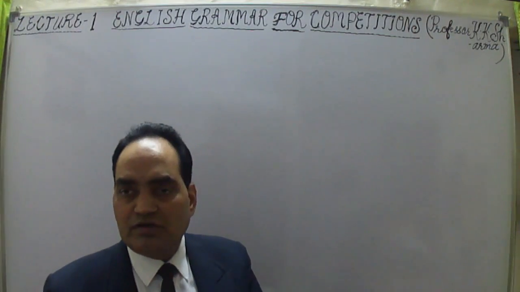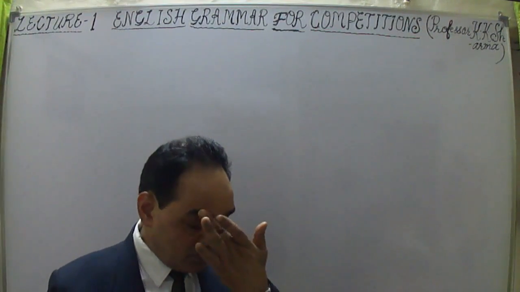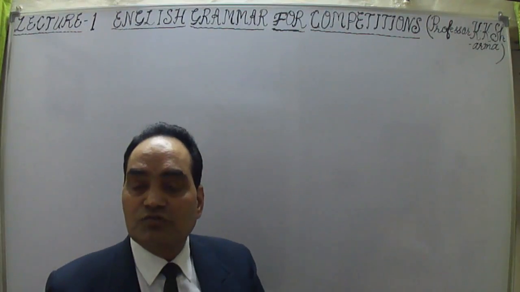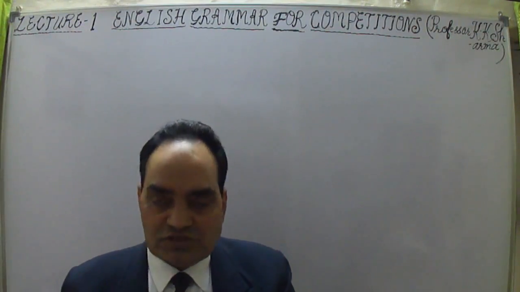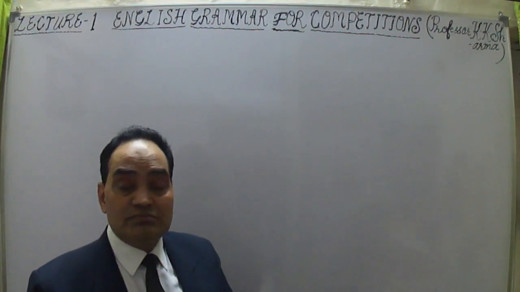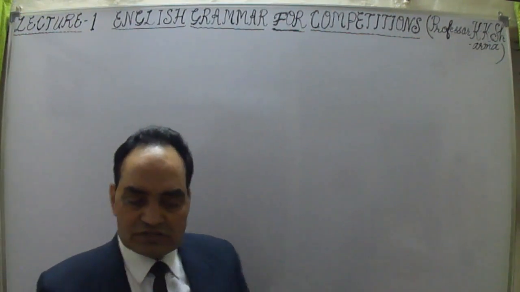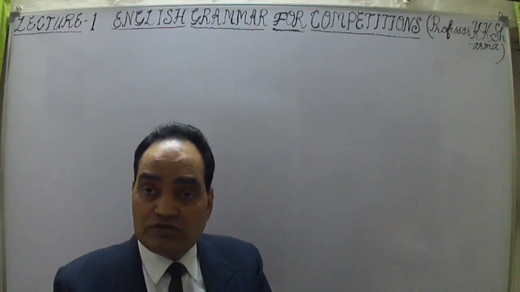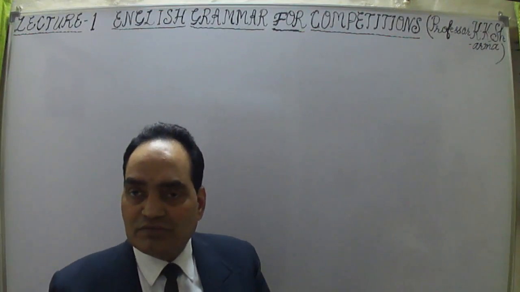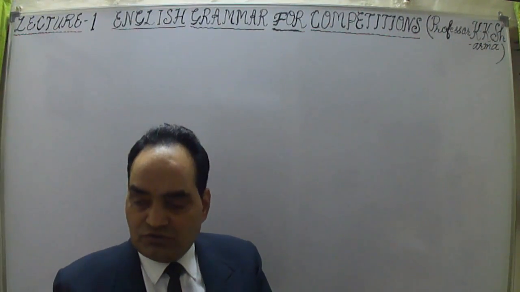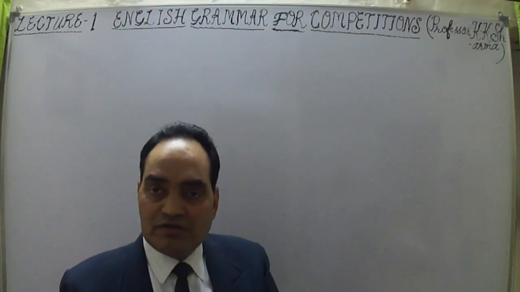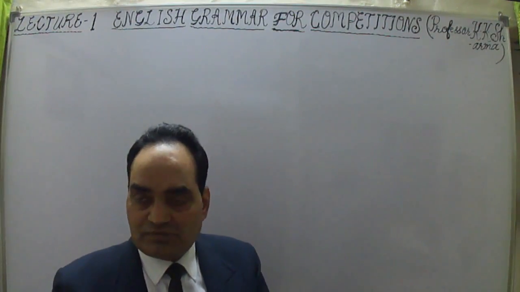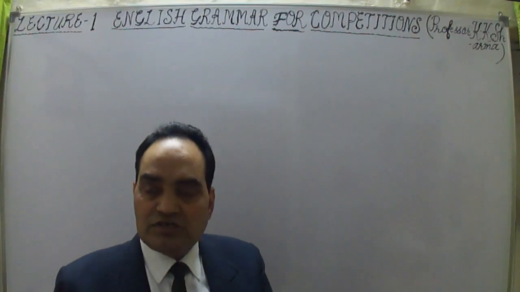Any person entering any field of any language requires a dictionary. A dictionary is a must for every student. And how to read a dictionary? I know everyone can search for a word in a dictionary, but how to read a dictionary properly? Because the beginning happens when you enter the field of grammar. You want to learn English grammar. For that, a dictionary is a must.